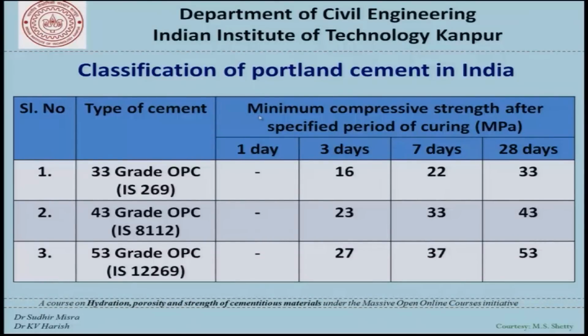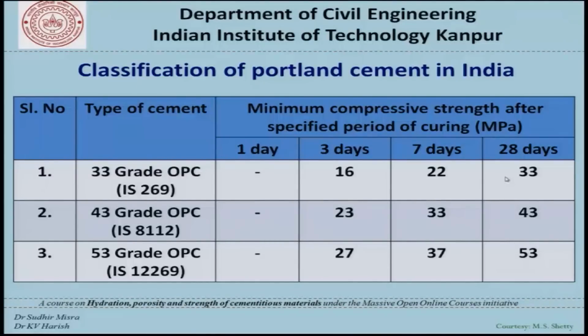In this table, the minimum compressive strength after a specified period of curing for all these cements is also specified. As you can see, the Indian standards specify 1 day, 3 days, 7 days and 28 days for all these types of cements. 1 day is not specified, 3 days 16 MPa, 23 MPa and 27 MPa, 7 days 22, 33 and 37, 28 days 33, 43 and 53.